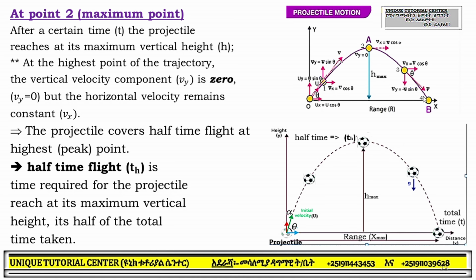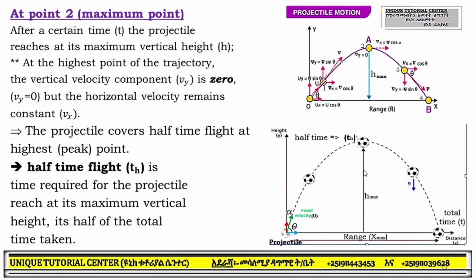The duration the projectile stays in the air we call the total time of flight. From the start to here it takes half of that. Therefore, the projectile covers half of its flight. So how do we determine the half-time of flight? Half-time of flight is the time required for the projectile to reach the maximum vertical height.